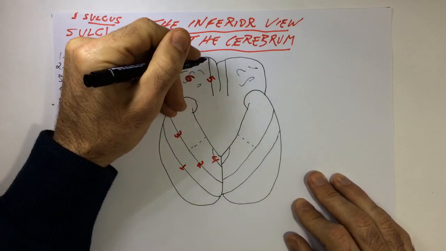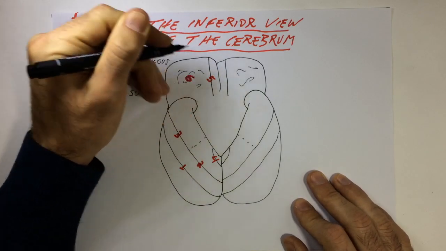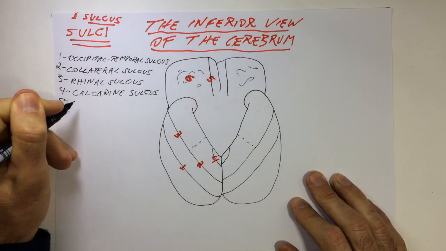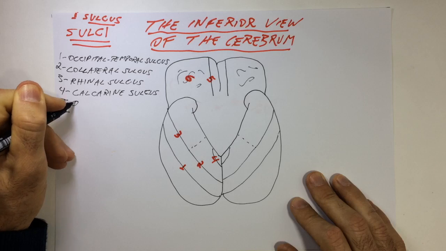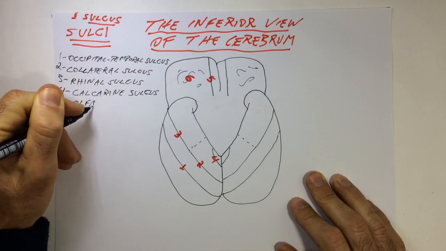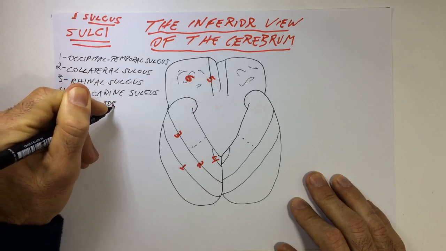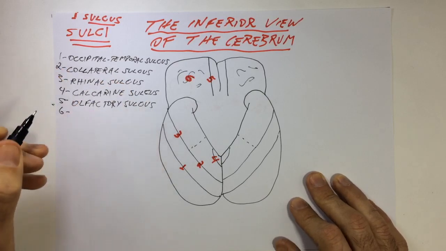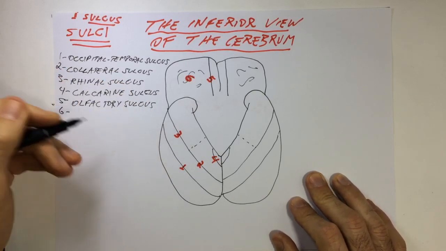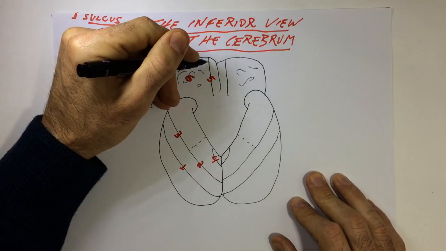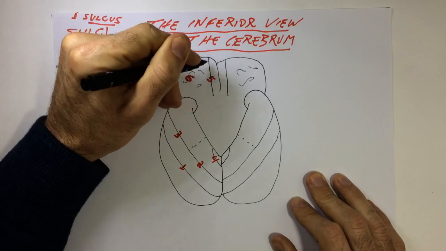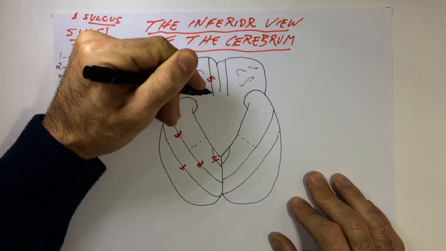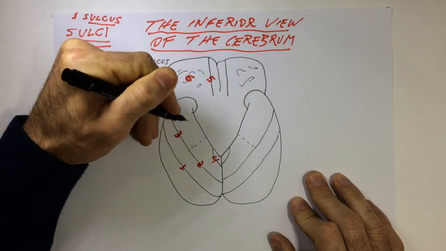Okay, here we have another sulcus that is called olfactory sulcus. So we can imagine that on top of this sulcus here, we have the olfactory nerve and then the olfactory tract that goes all the way to this region here.